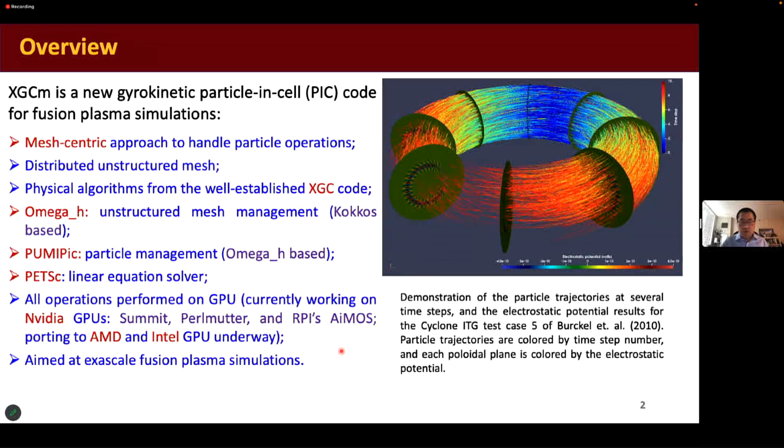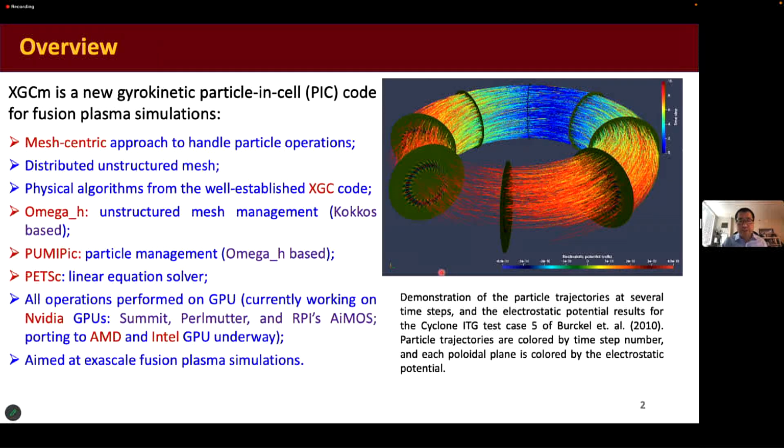The objective of XGCm is to serve as a test bed for developing new algorithms, which can eventually be incorporated into the XGC code, and also to aim at Exascale fusion plasma simulation. Here I'm showing an example simulation result.